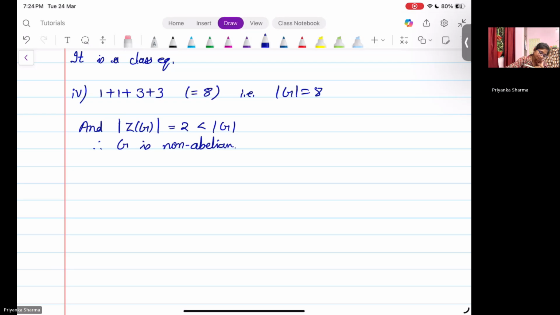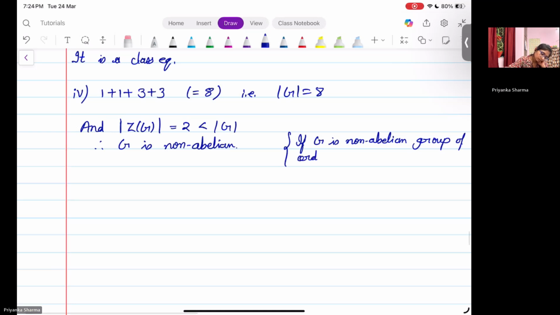So G is a non-abelian group of order 8, and then up to isomorphism, G can be either D4 or D8 and Q4.